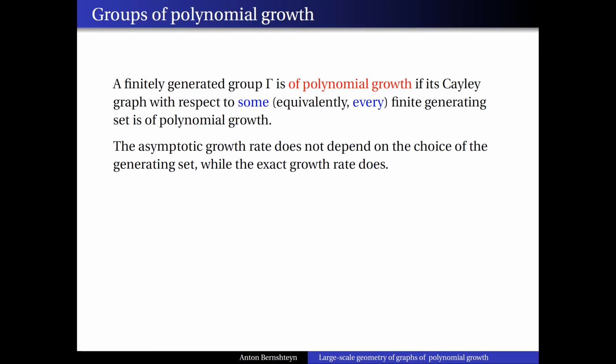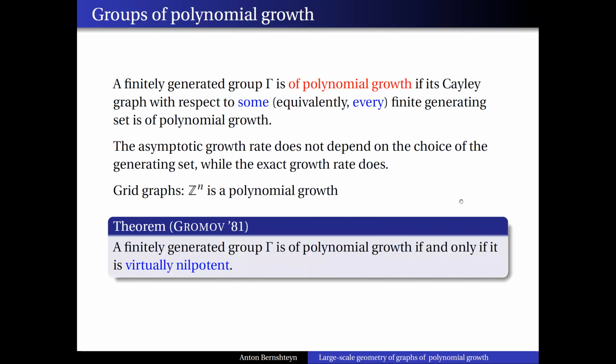So this again illustrates that, in some sense, the asymptotic growth rate is a more robust quantity to look at. And as I said, these grid graphs are Cayley graphs of Z^n with different generating sets, and so they show that Z^n is a group of polynomial growth. Why is this an interesting notion? Because it's one of the most famous results in geometric group theory, where the whole premise is connecting these geometric properties of Cayley graphs with algebraic properties of groups.